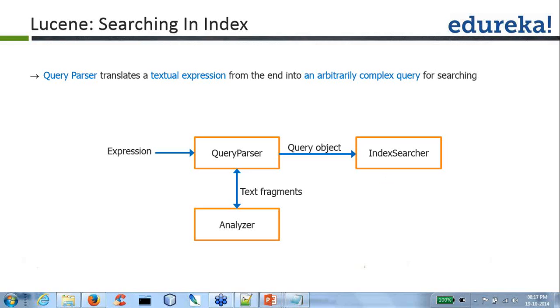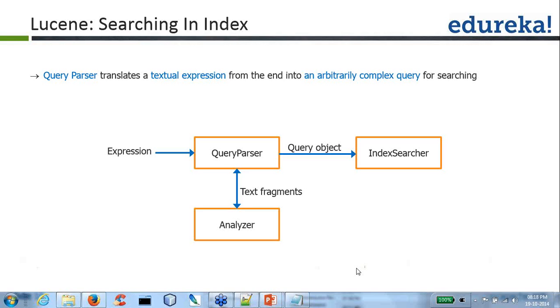Okay. So in the searching components you will come across, the first thing is, if you're doing a query parser route, you have to build an expression and then submit it to a query parser.